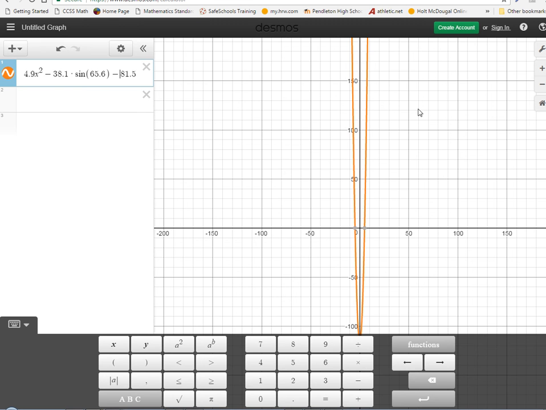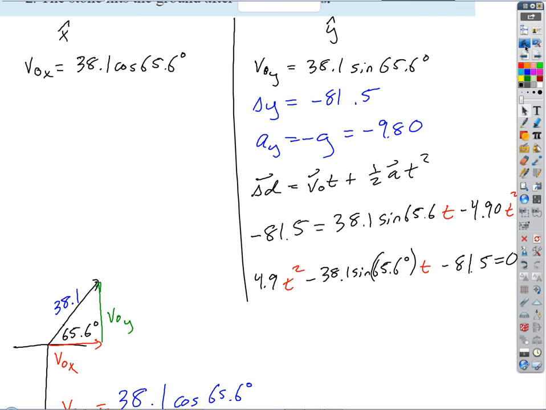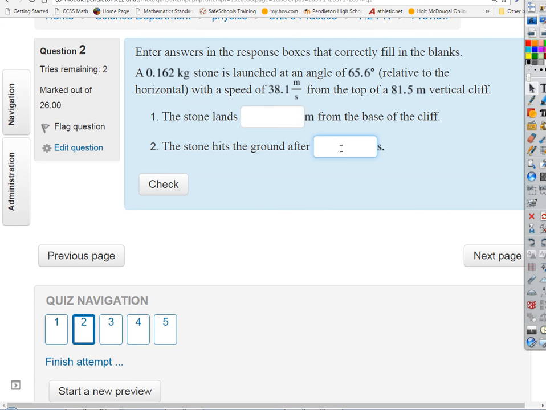All right, so now let's see. What did we say it was again? 4.87? Is it how far it is from basically? No, that's t. We were solving for t. That doesn't quite seem right to me, though.